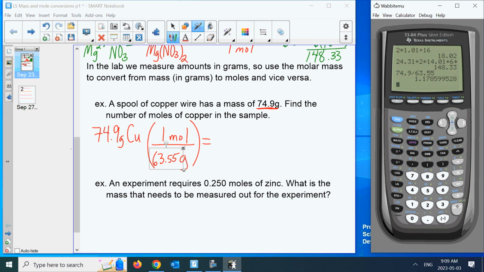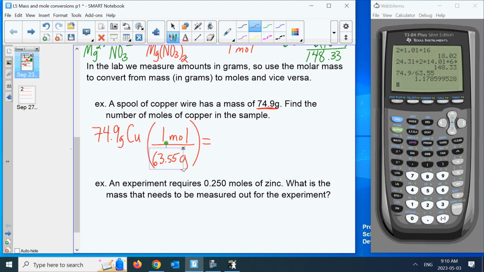Now, that's a little over 1 mole. I used 4 significant digits here, but I have 3 significant digits there. My answer needs to be the least number of significant digits, in this case 3. It's not decimal places, it's significant digits.